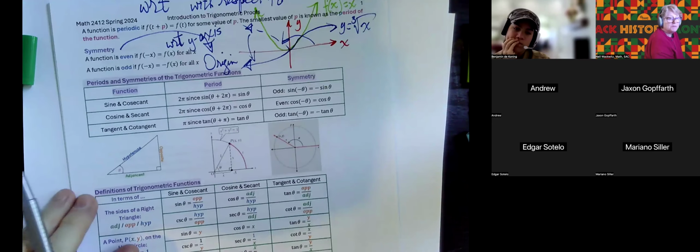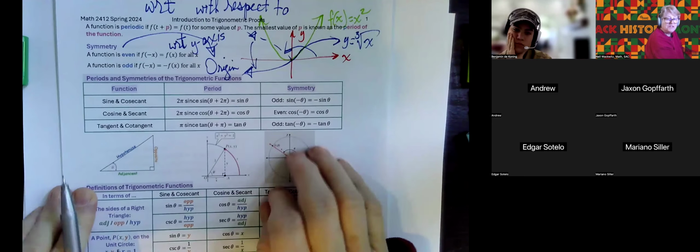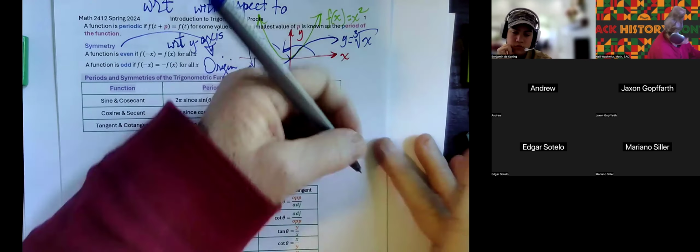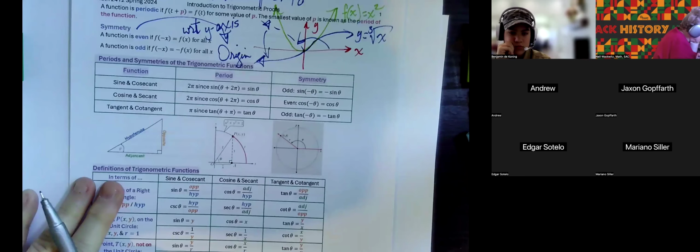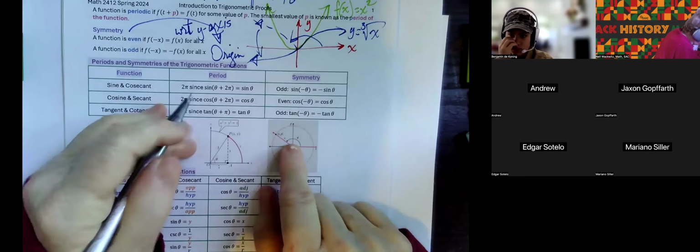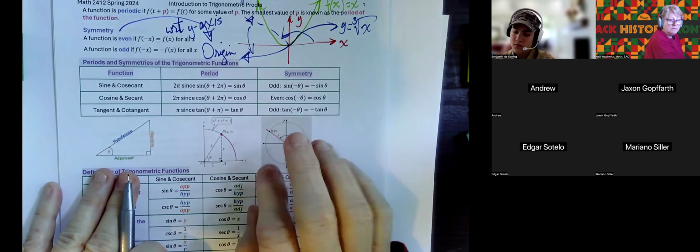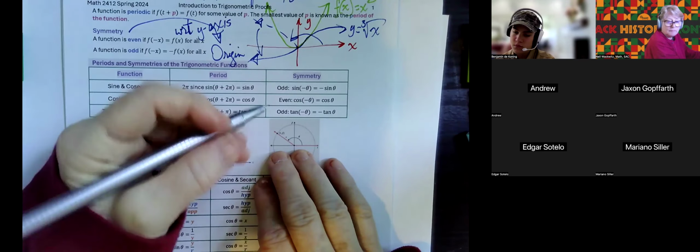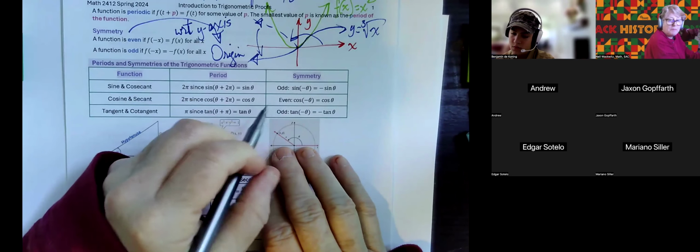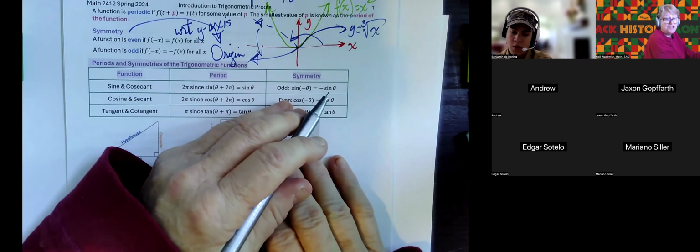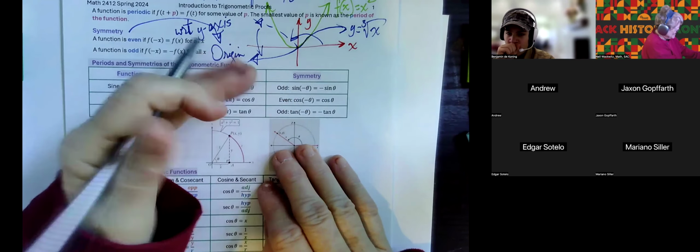Well, let's just look at the symmetry because that's what we're just talking about. Let's look at our unit circle and think about sine, S-I-N.